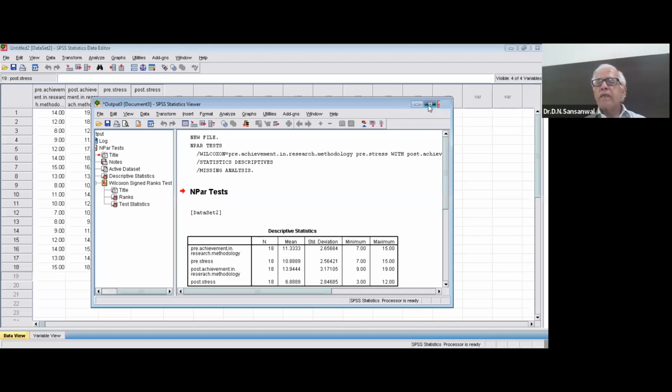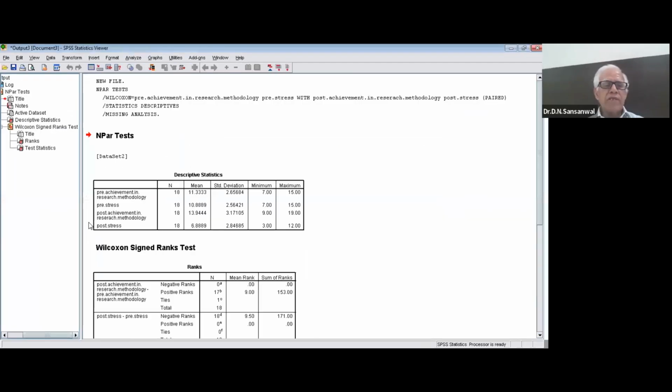So this becomes your output. You can see pre-achievement and pre-stress, post-achievement and post-stress. So you can see their mean and their standard deviation.